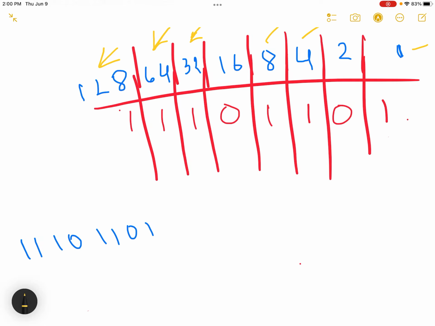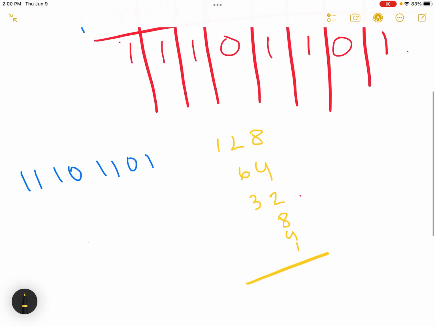So it's 128, 64, 32, 8, 4, 1. When you add up all these numbers, 128 plus 64 is 192, add 32, add 8, add 4, add 1.